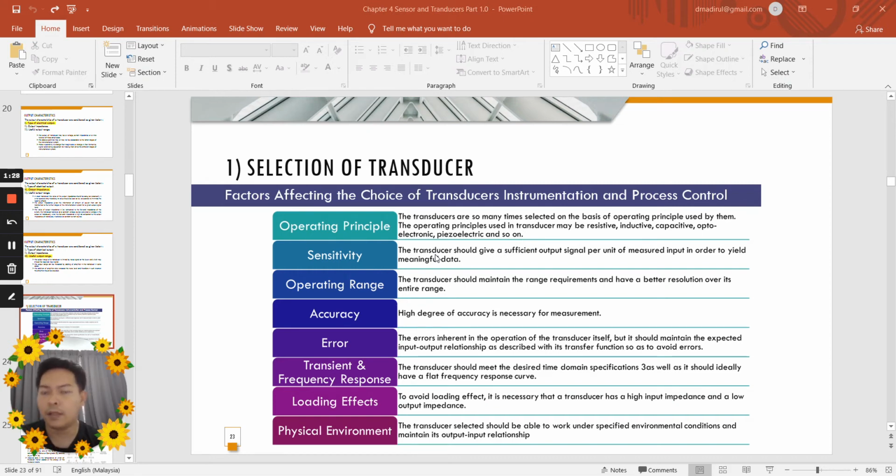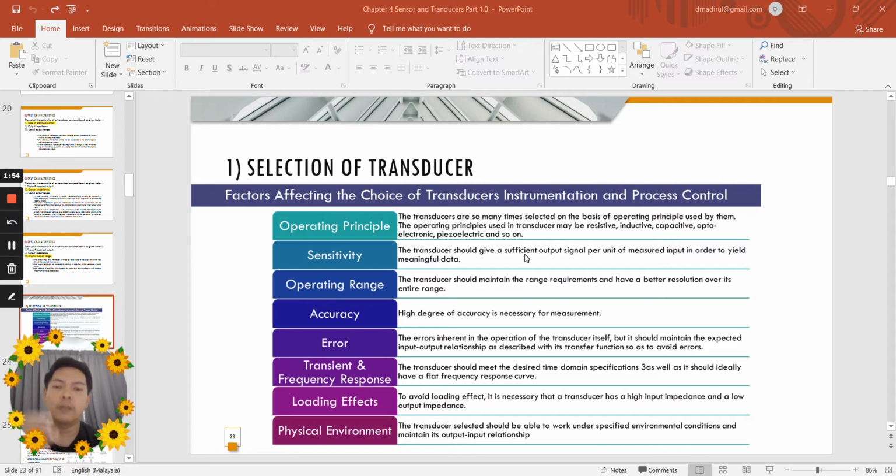In terms of sensitivity, the transducer must be able to give you a sufficient output signal per unit of measured input in order to yield meaningful data. Meaning that you must ensure the transducer you select has good sensitivity, giving a sufficient output signal so that it can be transferred into meaningful data which you can interpret and work on.